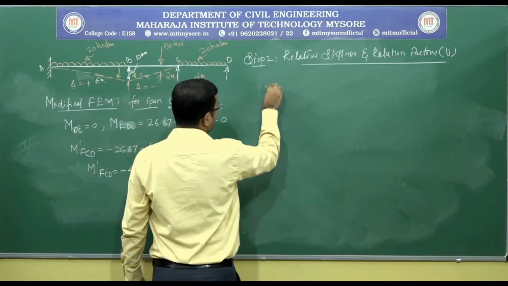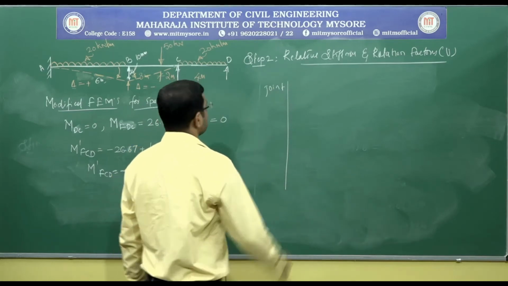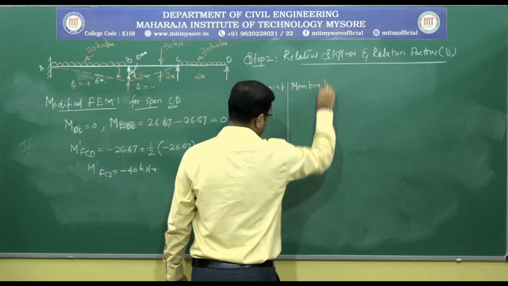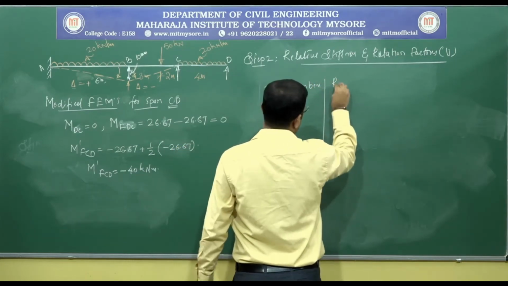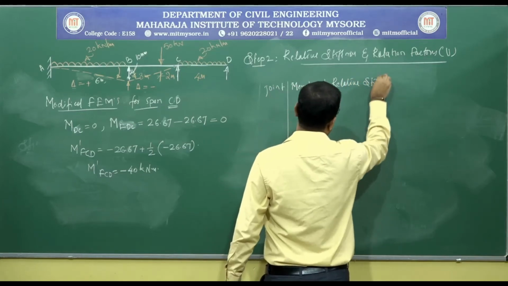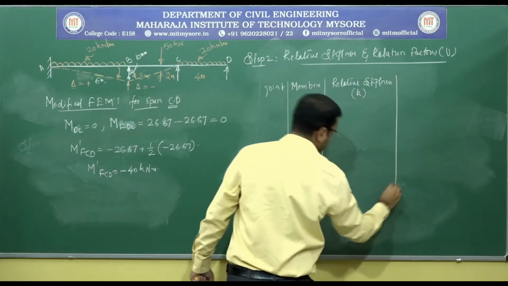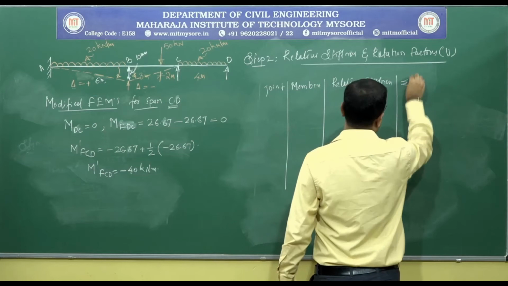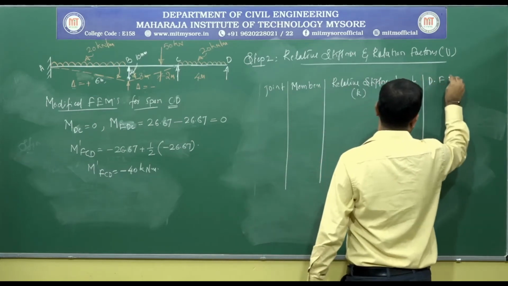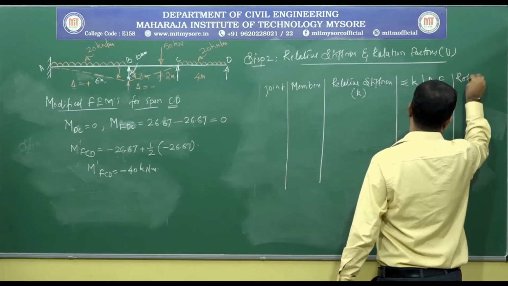Here let us note the joints first, then we have to note the members, then we have to work out the relative stiffness, that is the value of K. Then we have to determine the summation of K, that is total stiffness, then distribution factor, then the rotation factor.